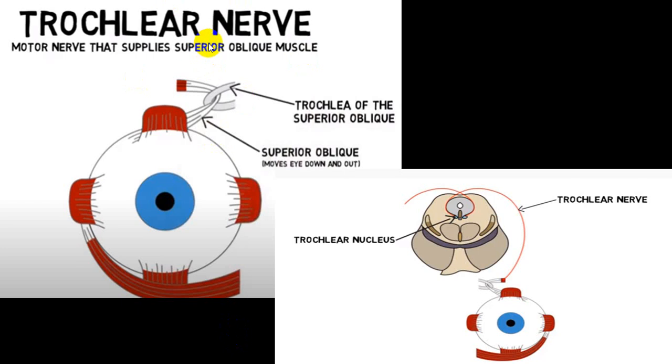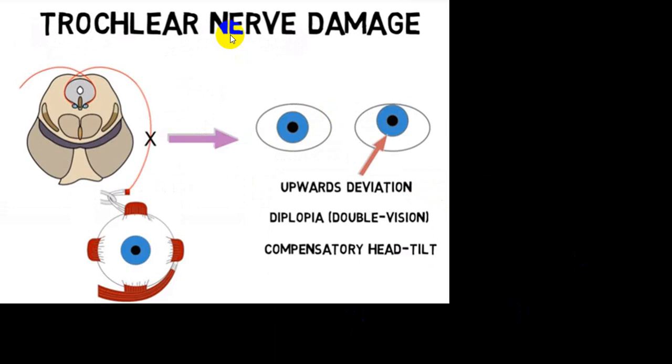So the trochlear nerve supplies the superior oblique. You can see here, the fiber arises from here and comes out. So if you get damage here, it will be same side palsy. But if you get damage in the brainstem, say on the right side, then you will have the opposite side trochlear nerve gone, because the trochlear nerve crosses to the opposite side. So here you can see very clearly.